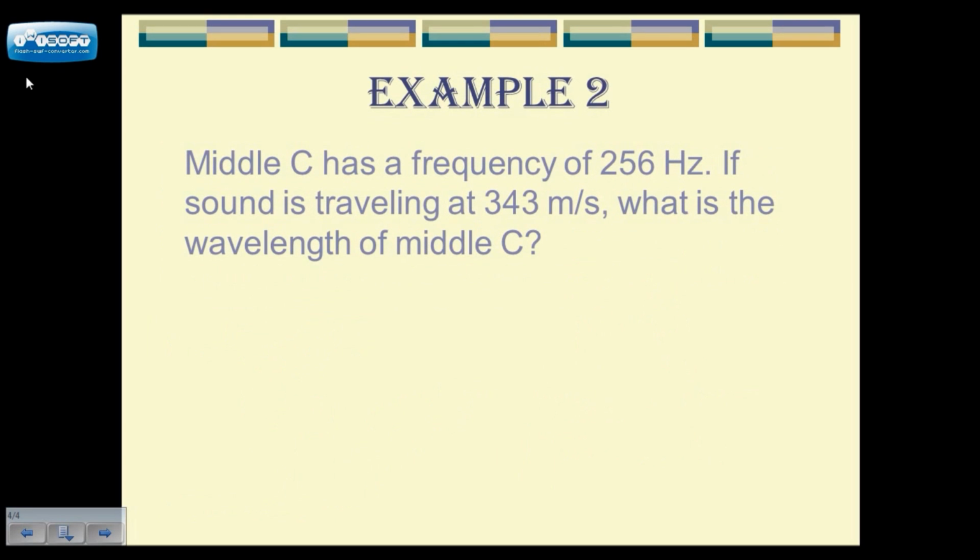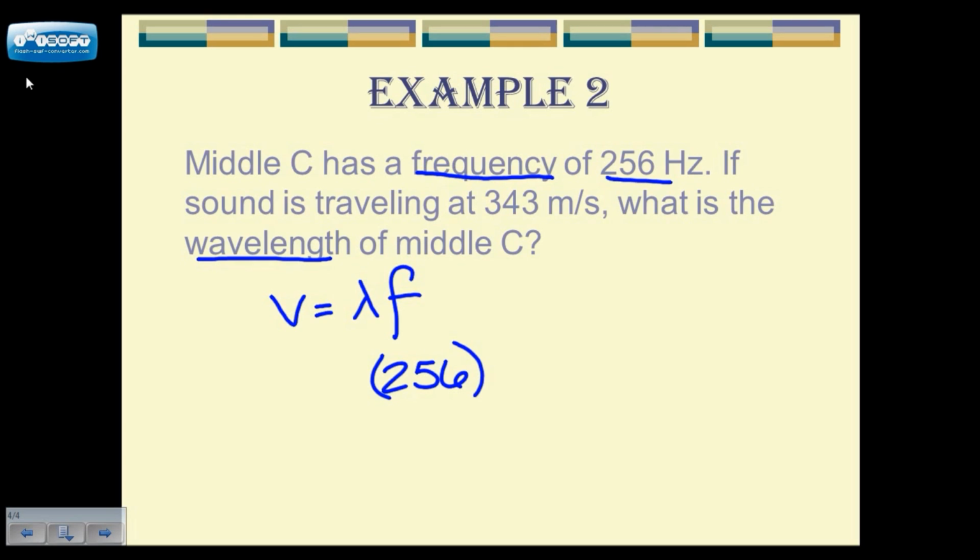Our second example is now going to use our other equation because it specifically says in it frequency, and we're looking for wavelength. So wavelength, frequency means we have to use the other equation, v equals lambda f. So we're given the frequency of 256, so we're going to plug that in for f, and we're given the speed of 343.